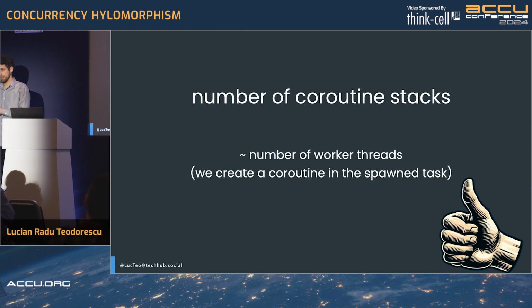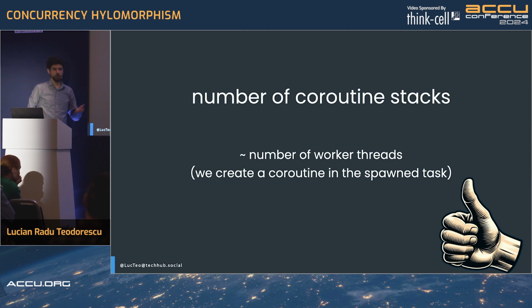You can't have too many coroutine stacks because of the way we've implemented this, which is you only create a coroutine inside of the spawned work, right? So it's not the first person who enters the spawn that creates a coroutine, but it's the other thread that creates the coroutine.